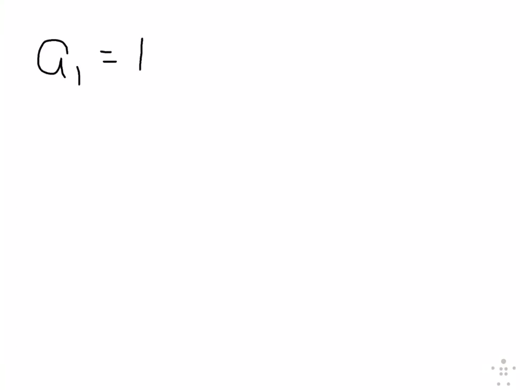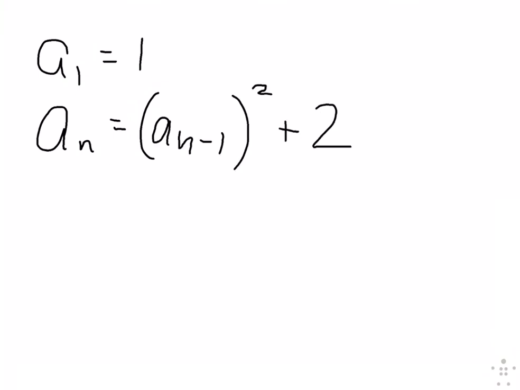A1 equals 1. A sub n equals a sub n minus 1 squared plus 2. To find A2, again, what's the a sub n minus 1 mean? Previous answer. Good. I think I've hit it hard enough today. 1 squared plus 2.